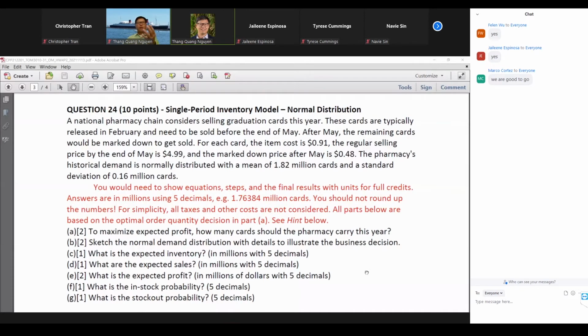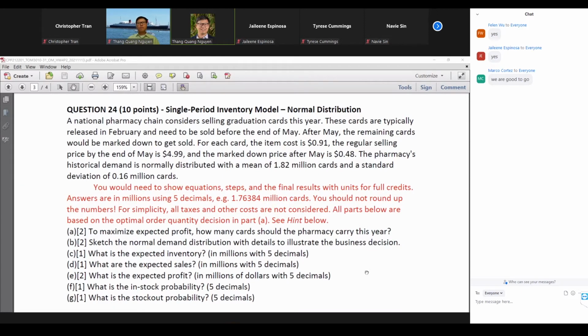We know it is 91 cents, but we need to convert everything to dollars, okay? So $0.91, the regular selling price is $4.99. The marked down price after May is $0.48, right? So those are the three important dollar values that we want to know.